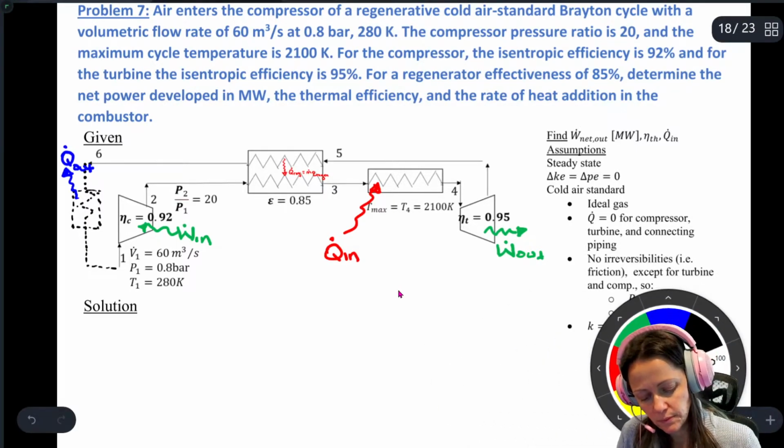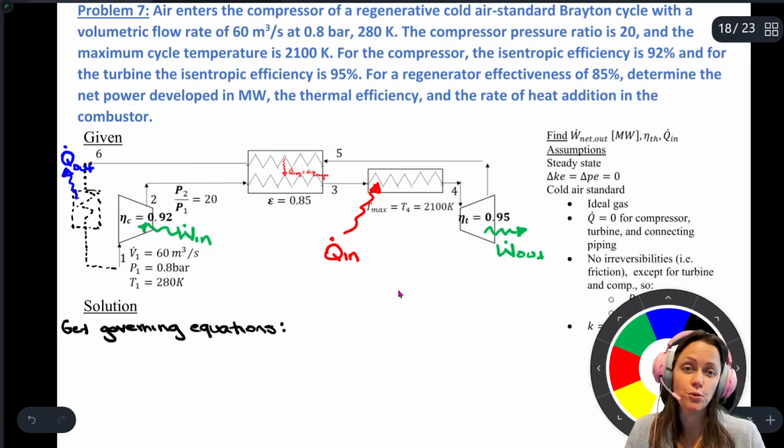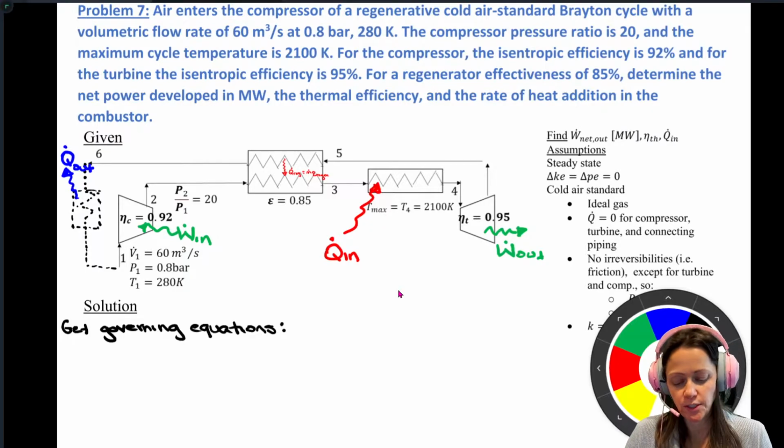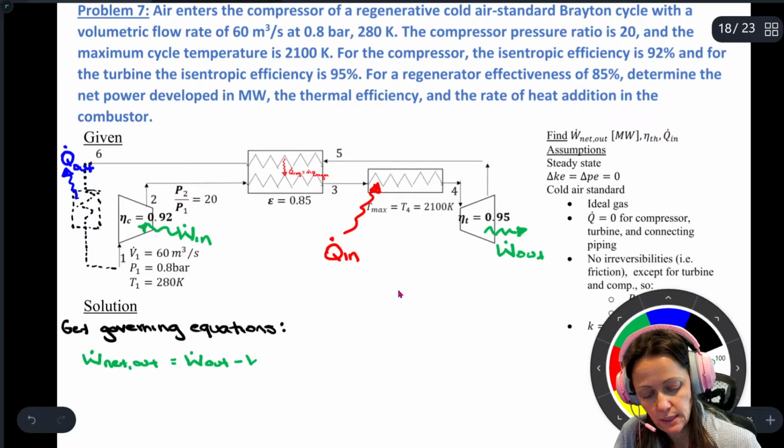So, what's my solution here? First things first, I want to get my governing equations. And then once I get all that, I'll go through and solve for each one of my states and figure out what I need to do. So for the W dot net out, I'm going to note it in green. W dot net out is equal to any W dot out minus any W dot in.